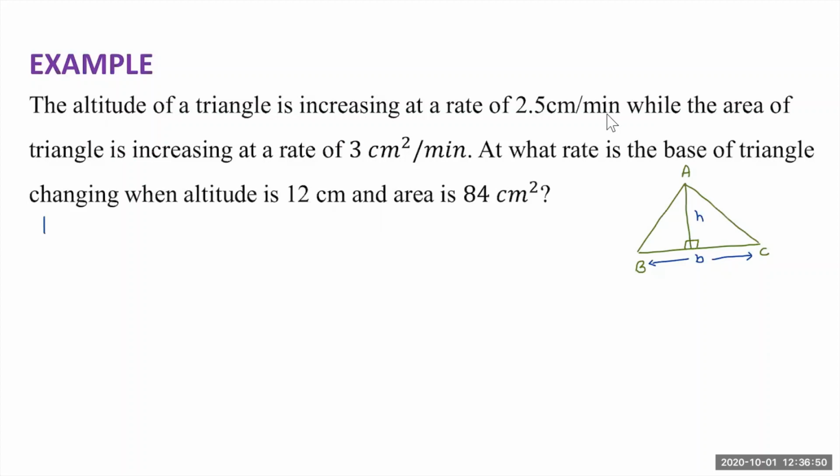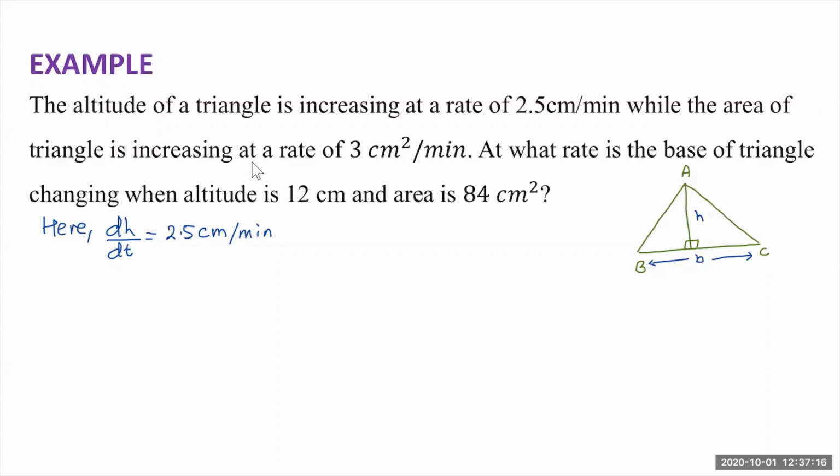That's given to you. Here, the altitude or height of the triangle is increasing. So dH over dt, increasing means it's a positive value, 2.5 centimeter per minute. The height of the triangle is increasing at the rate of 2.5 centimeter per minute.